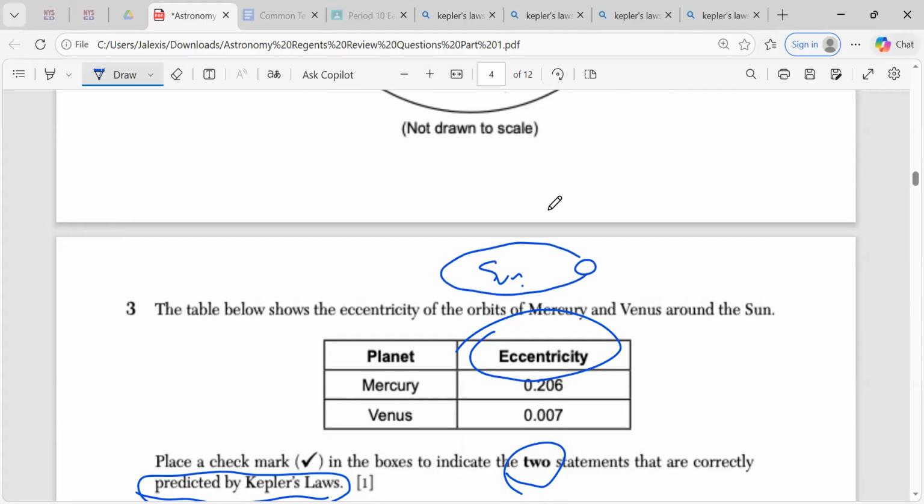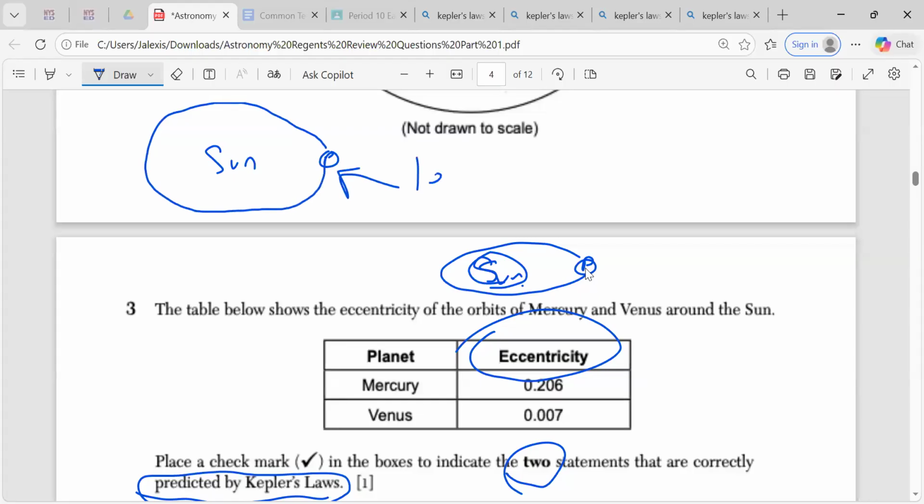You see how my orbit, and let's say P for planet, you see how the orbit is stretched out? That means that it's very elliptical. And let's say you have the sun here. Let's say there's a planet. I'm going to try the best as I can. All right. So you see how in this example this is less elliptical, meaning it's not as stretched out.